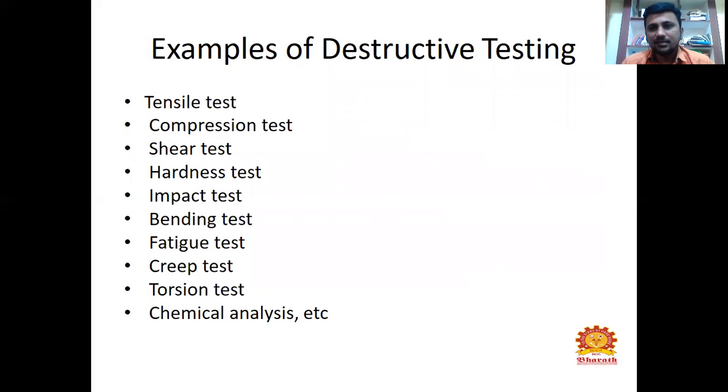Then the hardness test, the impact test, and the sharpening method, which you can use to find the material strength, as well as bending stress, fatigue test, creep test, torsion test, and chemical analysis test. These are the destructive testing examples we mostly use.